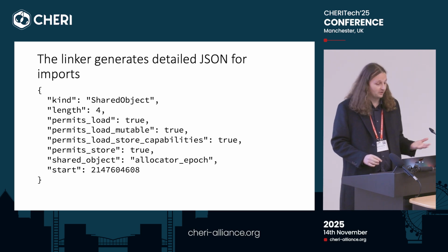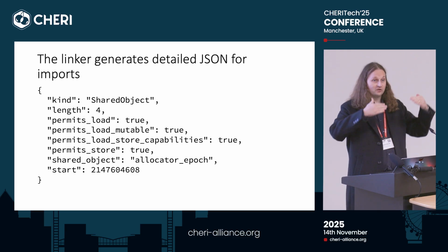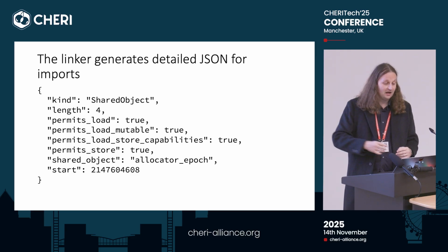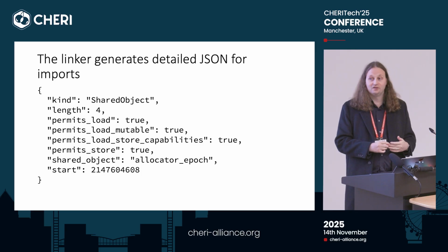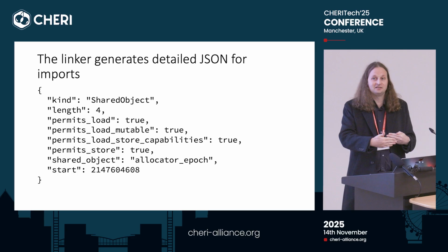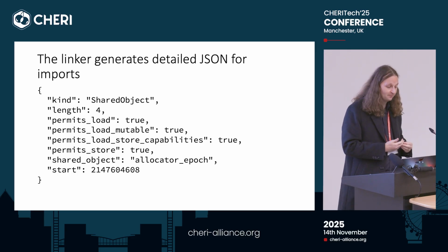And it does the same thing for imports. So for each entry in that import table, you'll have something maybe like this. So this is a shared object that describes the revocation epoch, the epoch for coordinating our lightweight claims mechanism.